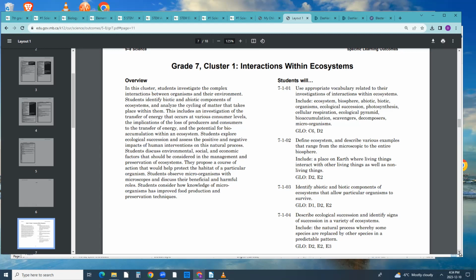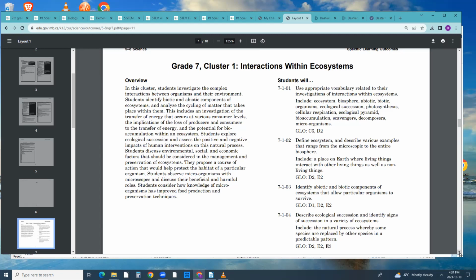Include ecosystem, biosphere, abiotic, biotic, organisms, ecological succession, photosynthesis, cellular respiration, ecological pyramid, bioaccumulation, scavengers, decomposers, microorganisms. Define ecosystem and describe various examples that range from the microscopic to the entire biosphere.